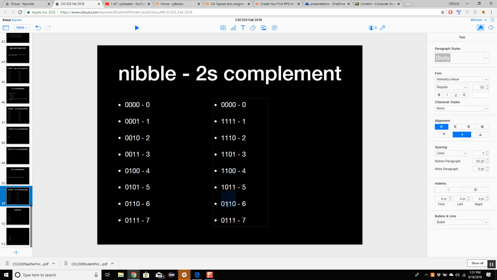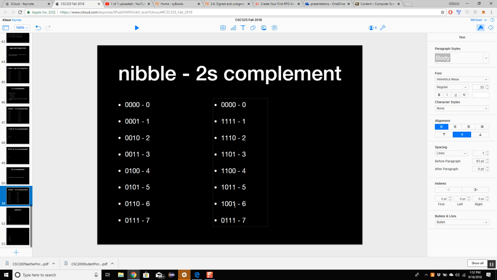Right here, flip all the bits. 1001. Add 1. Okay, this is flip all the bits, 1010. Add 1. This is 1001.